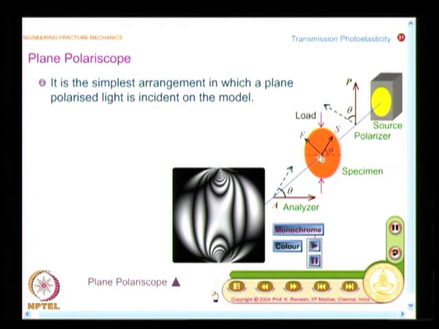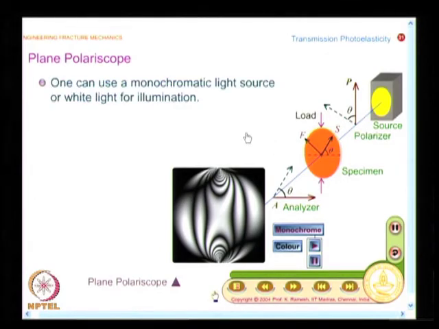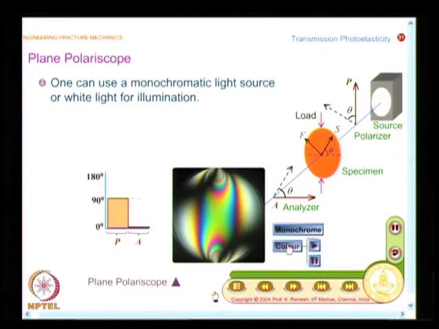Then what do you find here? One can use a monochromatic light source or white light for illumination. So, what I can do is, instead of monochrome light source, I can also put a white light source.